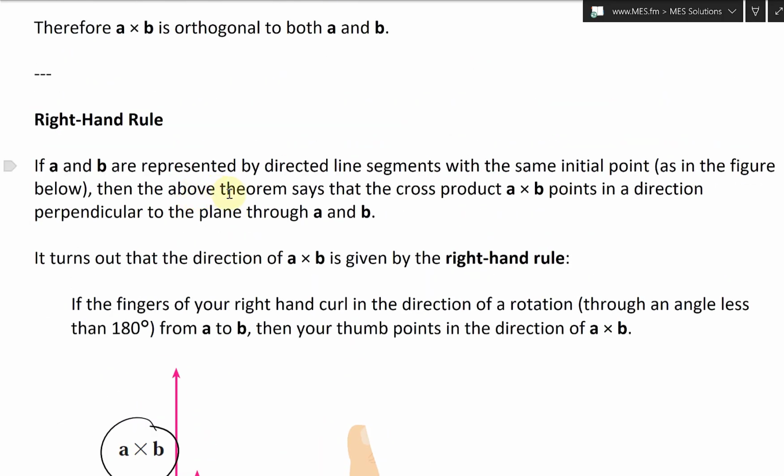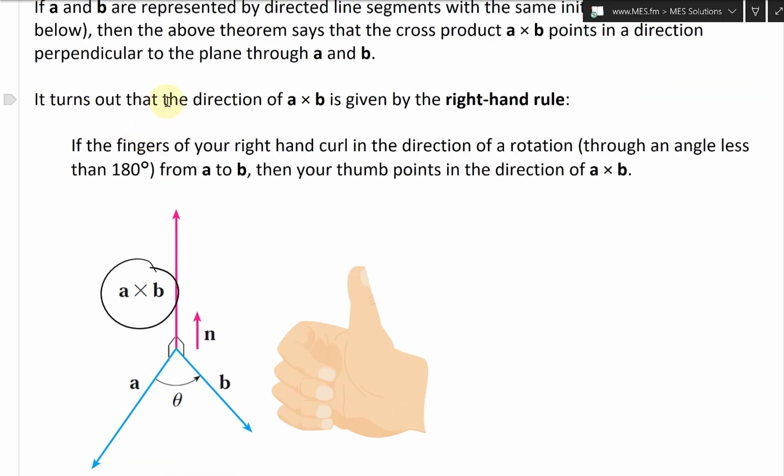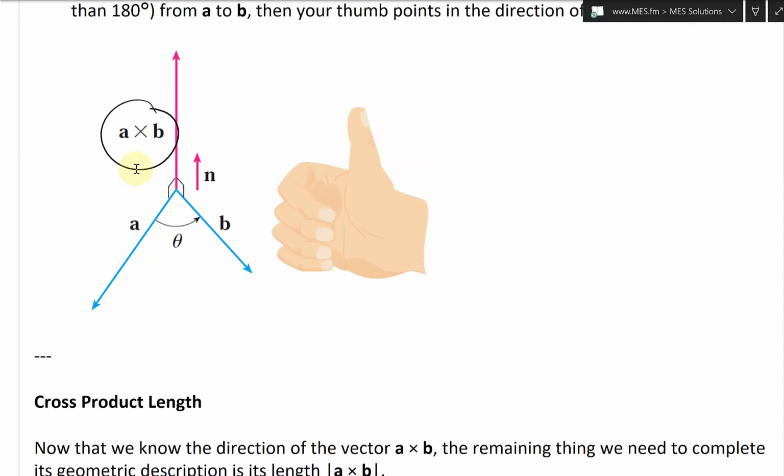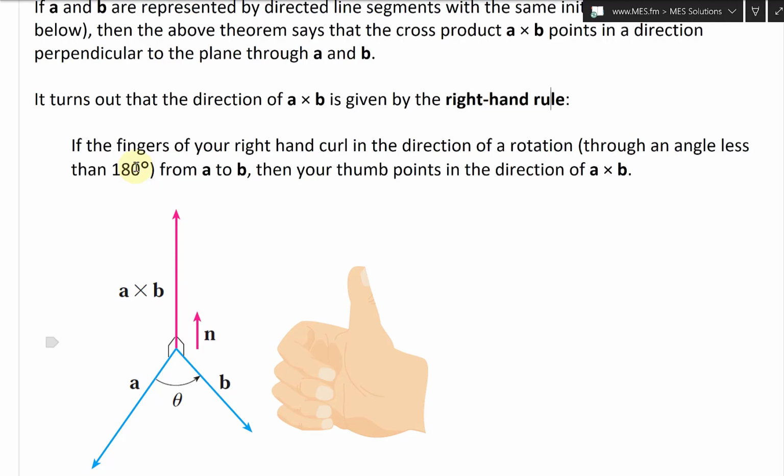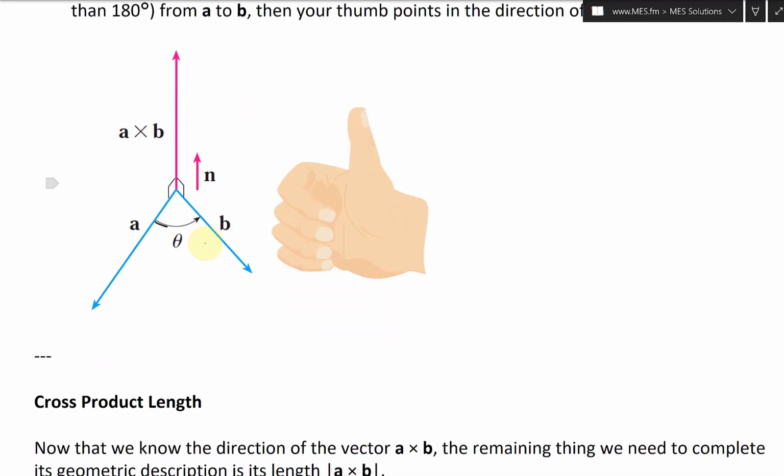Now this brings us to the right-hand rule. It turns out that the direction of A cross B is given by the right-hand rule. If the fingers of your right hand curl in the direction of a rotation through an angle less than 180 degrees from A to B, so from the vector A through the angle to B, this is counterclockwise.